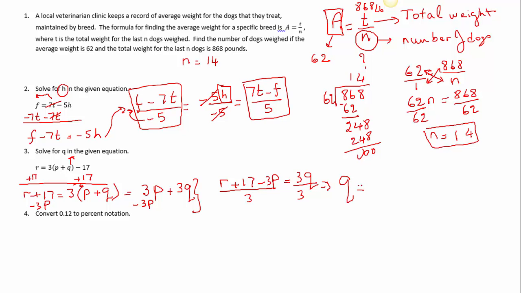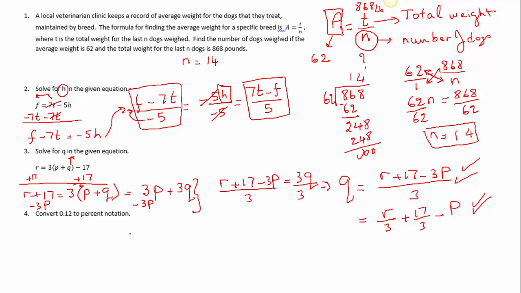So q equals r plus 17 minus 3p over 3. One can also split the fraction here. So you end up with r over 3 plus 17 over 3 minus 3p over 3, which would be just p. But this is still good and this is good. So either one is correct.